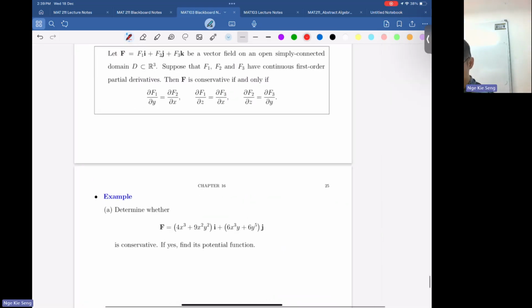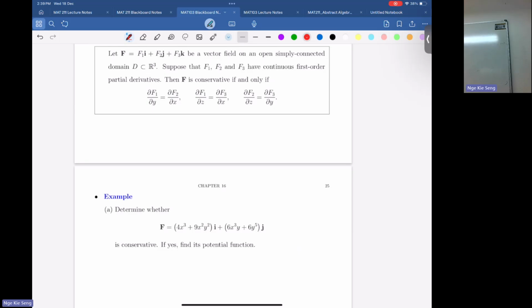Okay, so let's see how we use this. Let's do it for this example here. Determine whether this function is conservative or not. So I told you a few ways to check a conservative vector field, right? What are the few ways? Line integral, okay, so you can check line integral on every path. I think this is a bit difficult, because you need to compute for every 2 points and also for all paths.